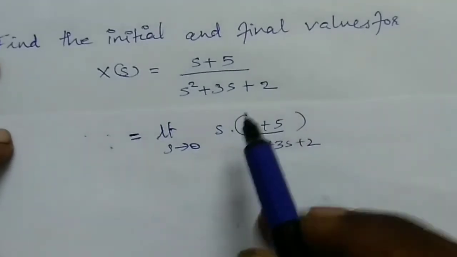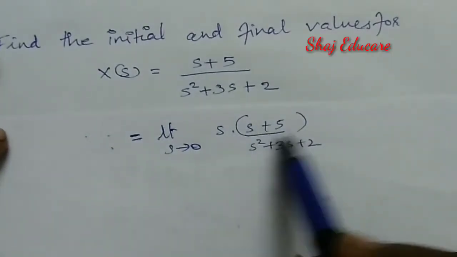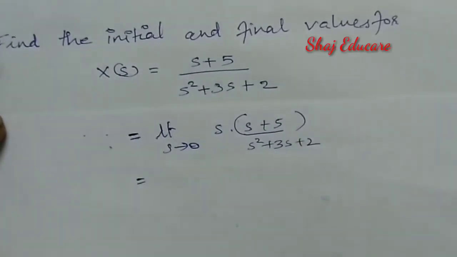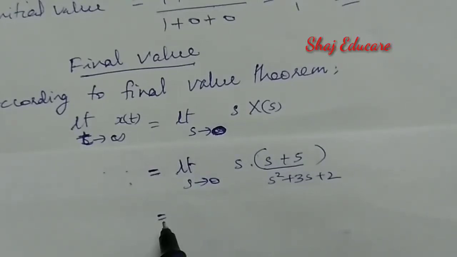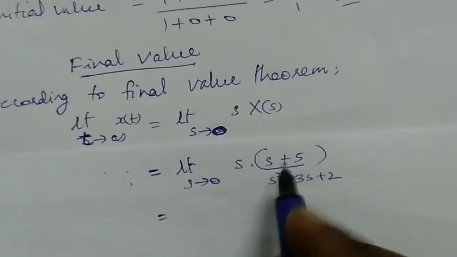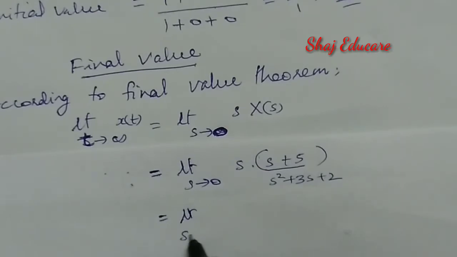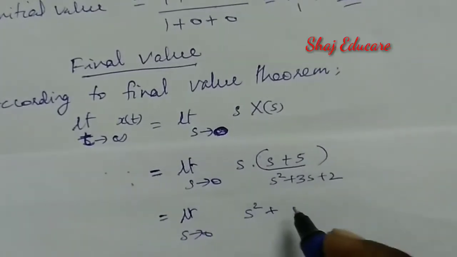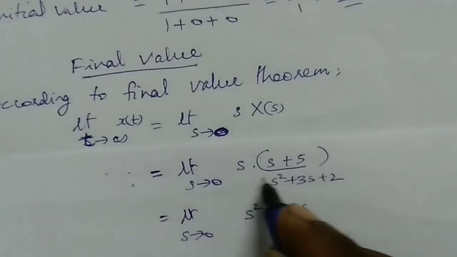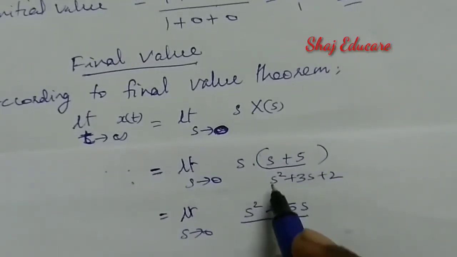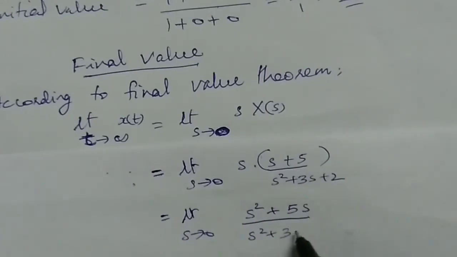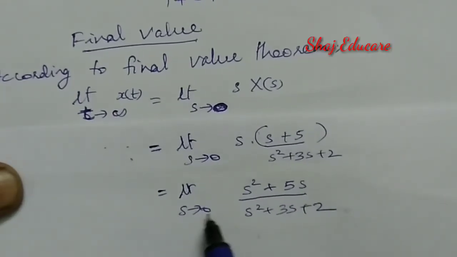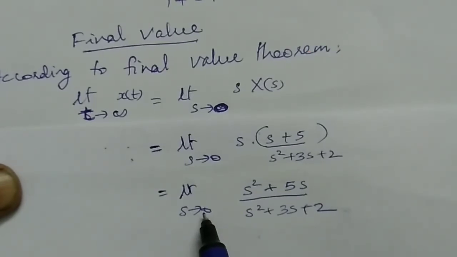As we have multiple terms in the numerator, we have to put the bracket here. Now let us expand the brackets: the limit as s tends to 0 of s into s becomes s², plus s into 5 is 5s, divided by s² + 3s + 2. Now let us apply the limits: just substitute s equal to 0.